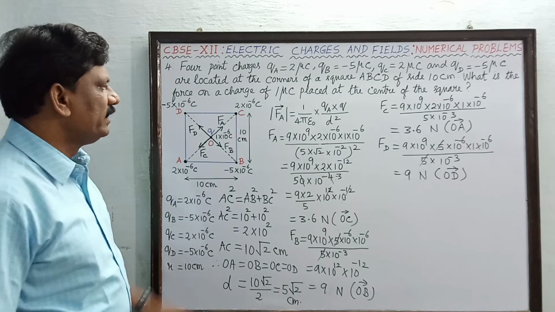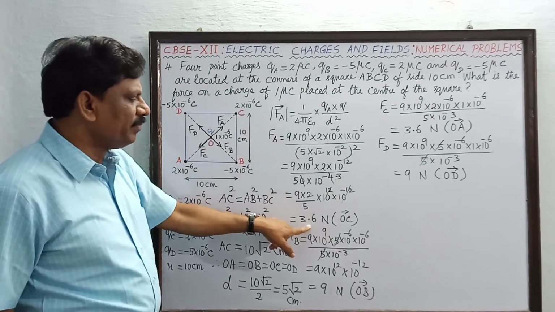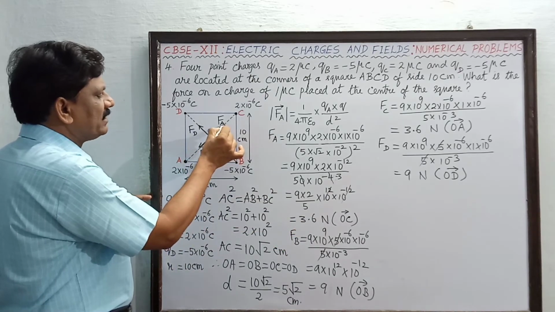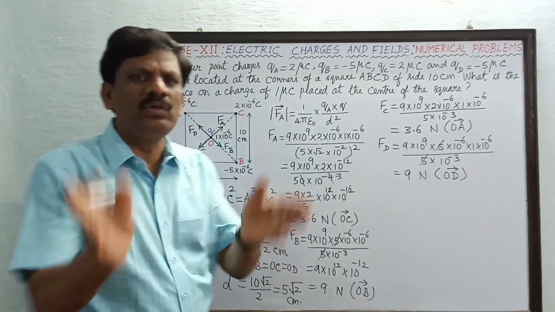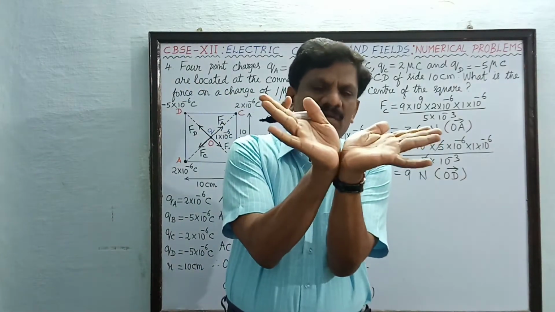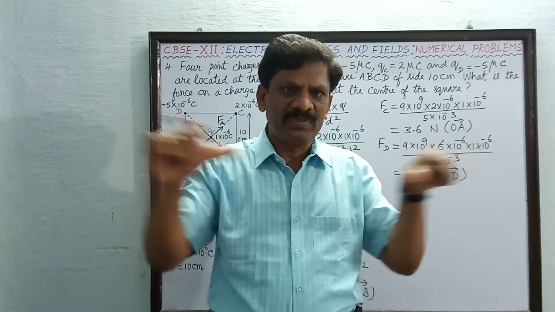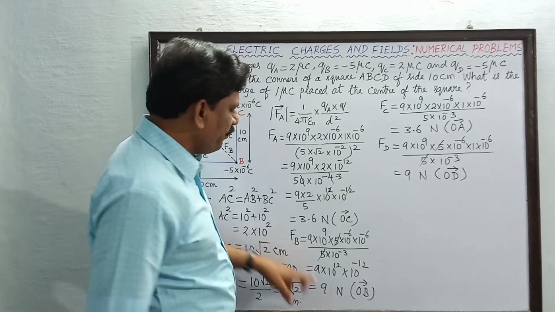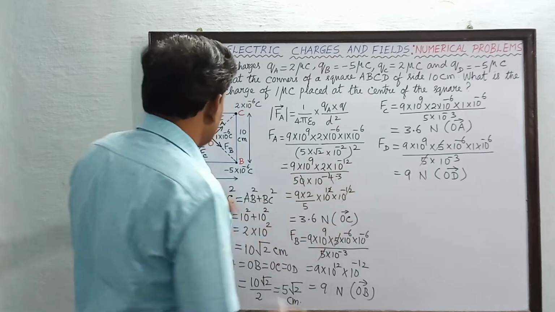Now you see here FA. What is the magnitude of FA? 3.6 Newton. So this FA is 3.6 Newton and FC also is 3.6 Newton. Is it not? Two equal forces are acting but in opposite directions along the same straight line. They will cancel each other. Understand? Similarly, these two forces FB and FD are also having the same magnitude but in opposite directions.